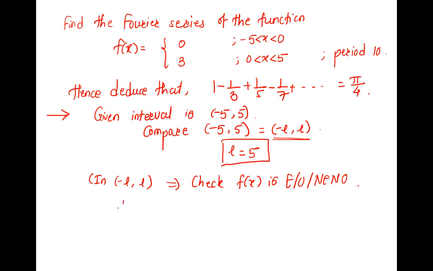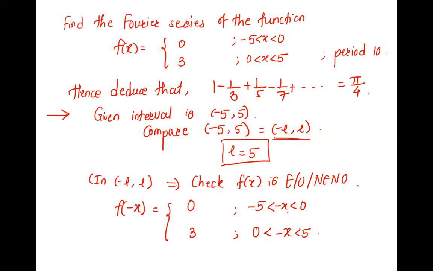So what we check is f of minus x. This is your f of x. In this, everywhere you change x to minus x. So minus 5 less than minus x less than 0, and 0 less than minus x less than 5. But we don't want minus x, we want it in plus x, so we change all the signs.